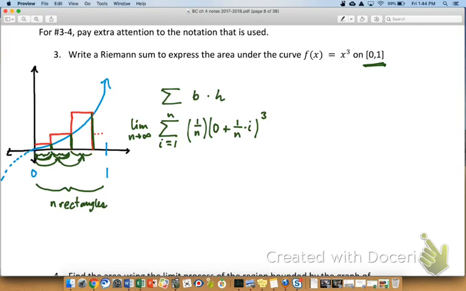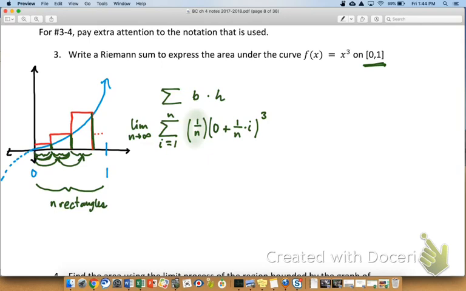So as n heads towards infinity, this base length, this width, is heading towards 0. So if you think about those two edges of each rectangle as they squeeze down tighter and tighter, getting closer and closer to 0, it's not really going to matter if you had a right rectangle or a left rectangle. It's just going to be the same thing. So you can actually prove that they converge.